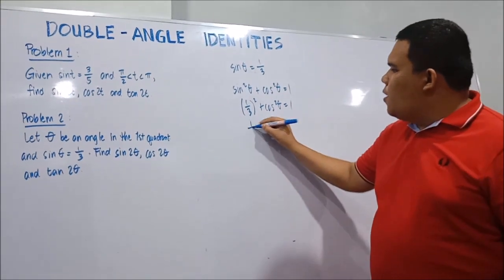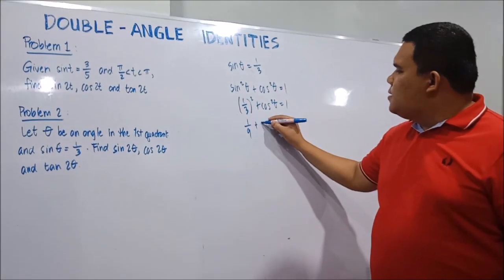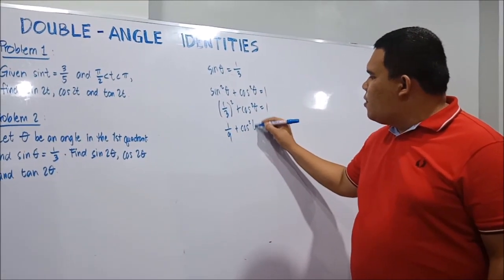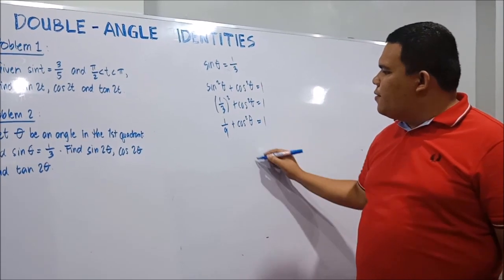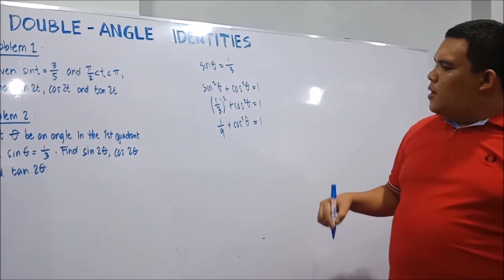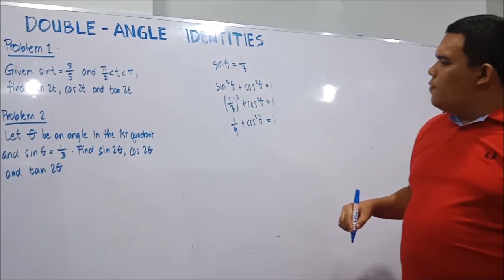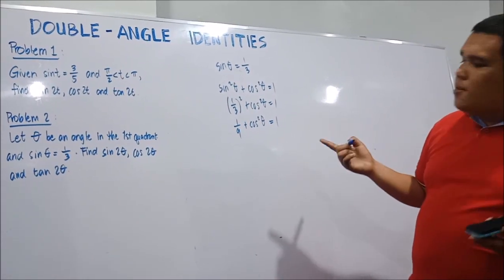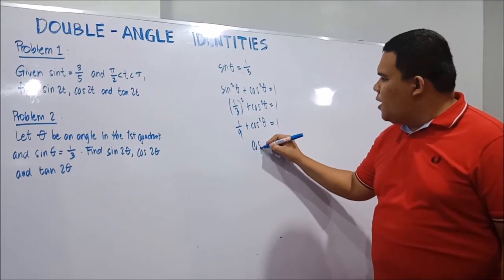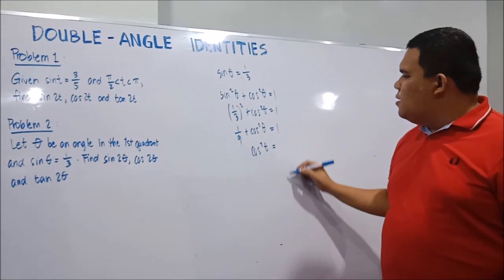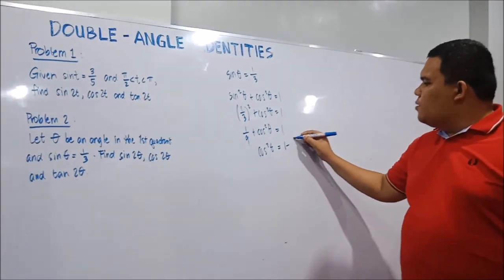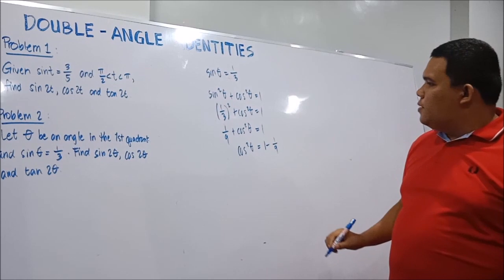Simplifying this one, we got 1/9 plus cosine squared theta equals 1. We subtract 1/9 on both sides. We get cosine squared theta is equal to 1 minus 1/9.